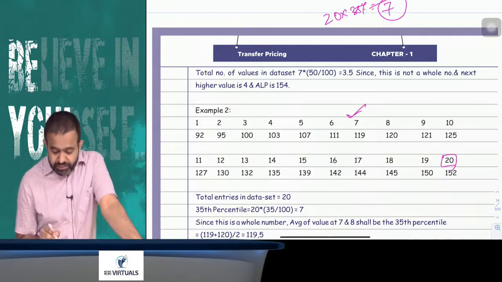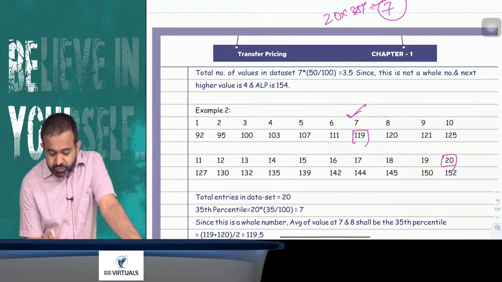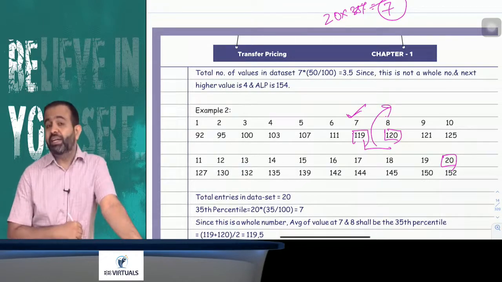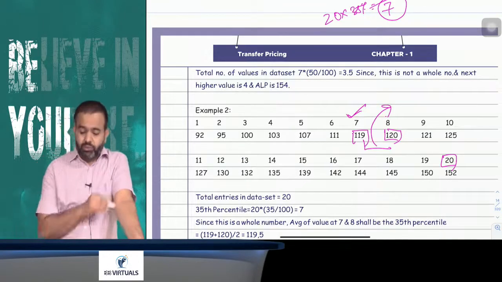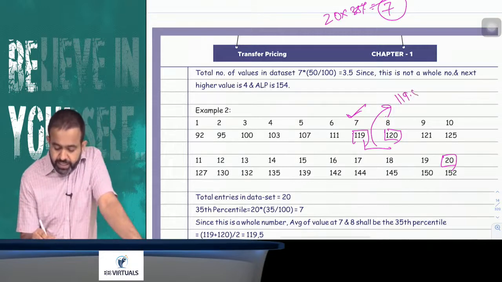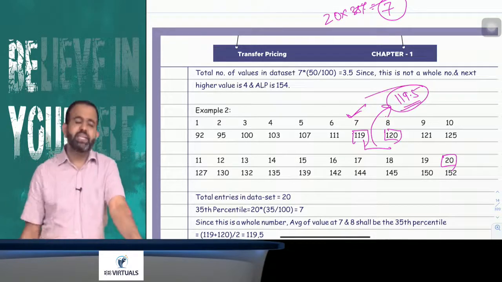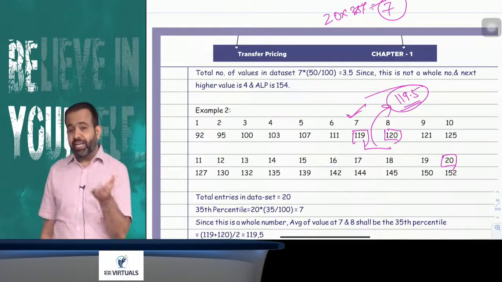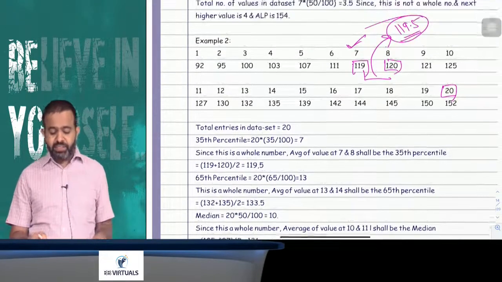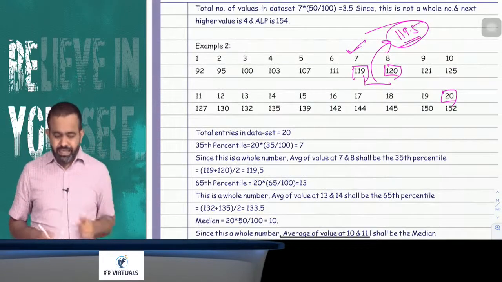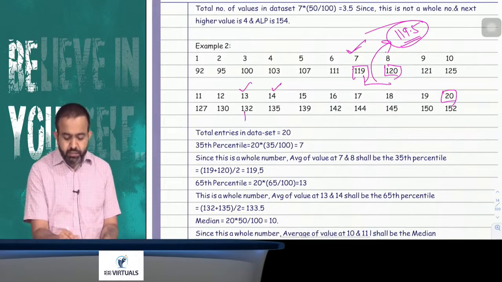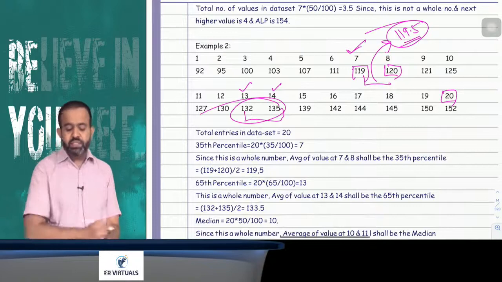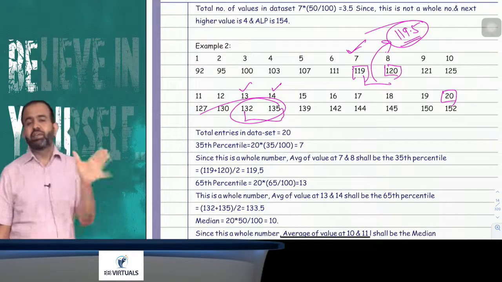Against 7 the value given is 119, and against 8 the value given is 120. So I have to take the average of 119 and 120. So the average comes to 119.5. From here my range will start, and after that I will calculate the 65 percentile. Suppose 65 percentile comes to 13. So 13 and 14, and I will take the average of 132 and 135. That will be my range.